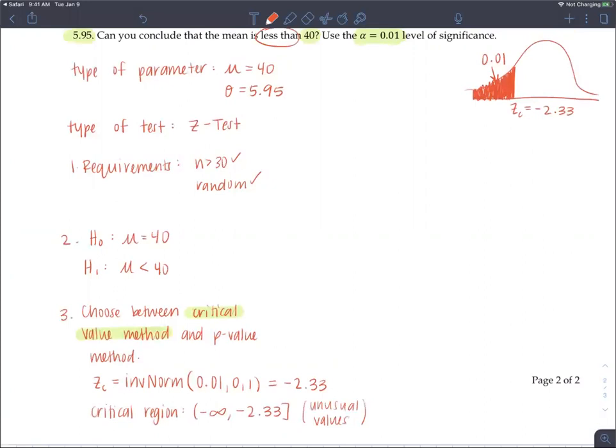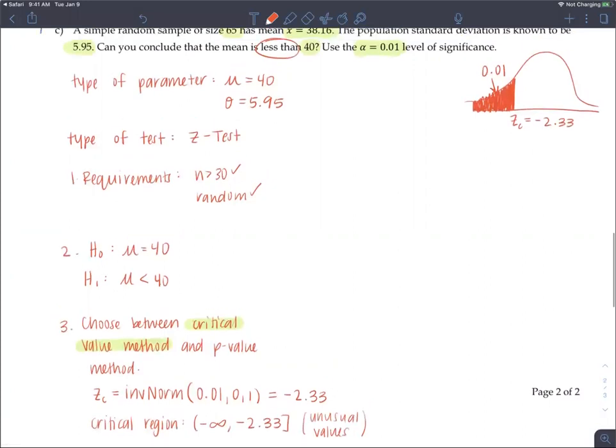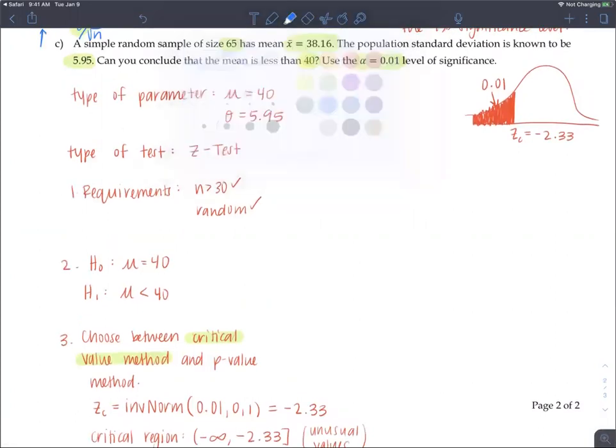Once you figure out the critical value, you take your sample statistic and convert it to a z-score to figure out if it's an unusual value or not.